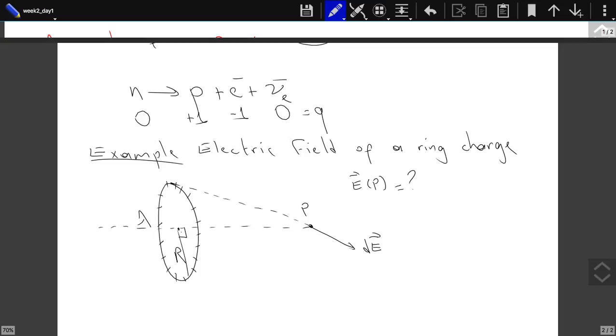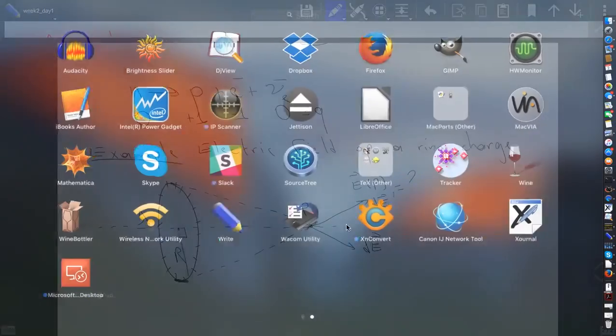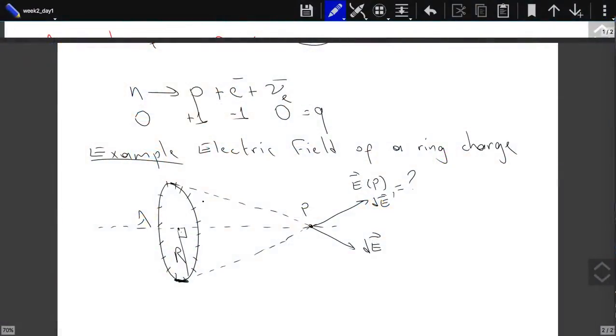Now this distance and this distance are equal, so these two triangles are in fact identical triangles. So this length and this length are also equal. But the magnitude of the electric field depends on two things: the magnitude of the charge creating it, and the distance from that charge.